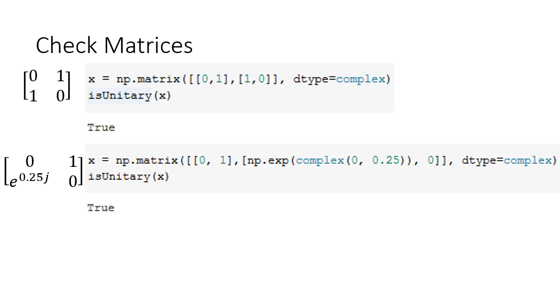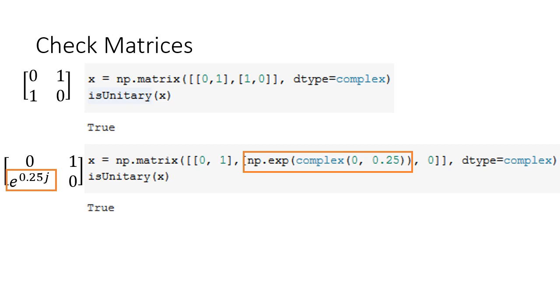Another matrix which involves an imaginary part, we can define using np.exp, with 0, 0.25 to define the imaginary entry.